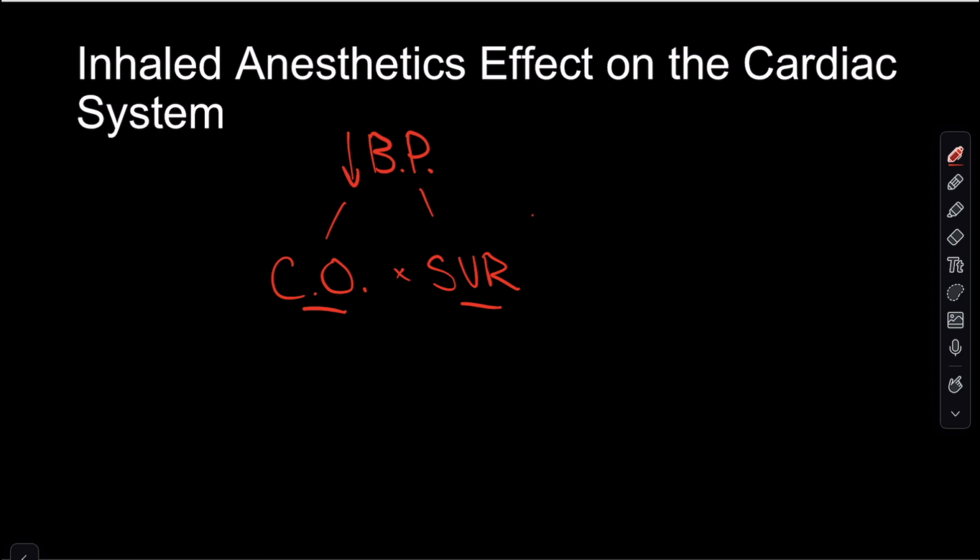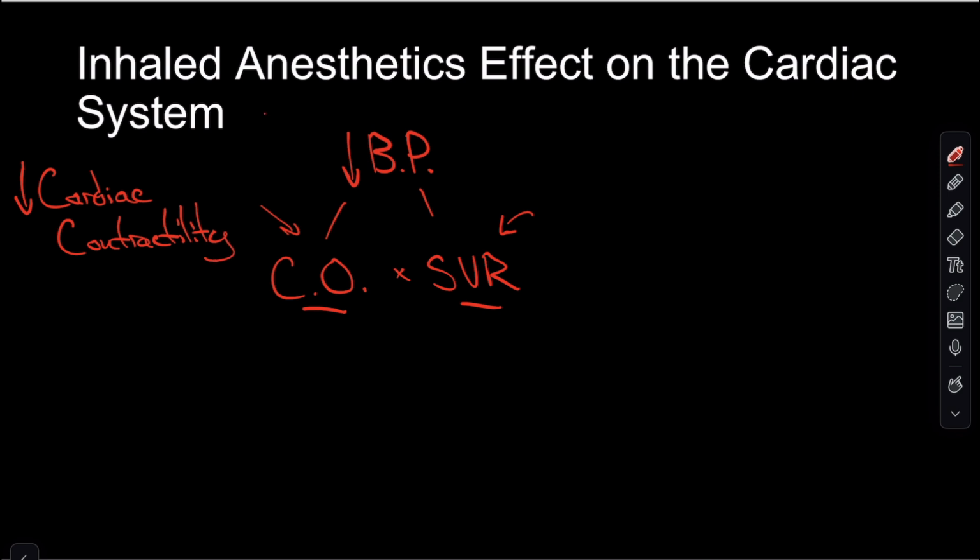They're going to decrease your systemic vascular resistance, which is going to decrease your blood pressure. And the other large effect is going to be a decrease in cardiac output via a decrease in cardiac contractility. And then both of these combine to decrease your blood pressure.